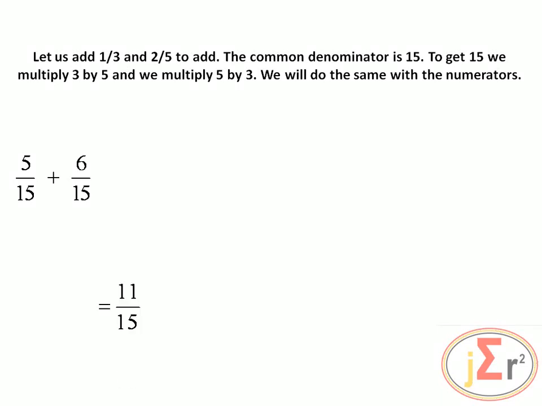Then the answer is 11 over 15, which we achieve by adding the numerators and writing that as a fraction whose denominator is the common denominator. Then there's nothing else to it.